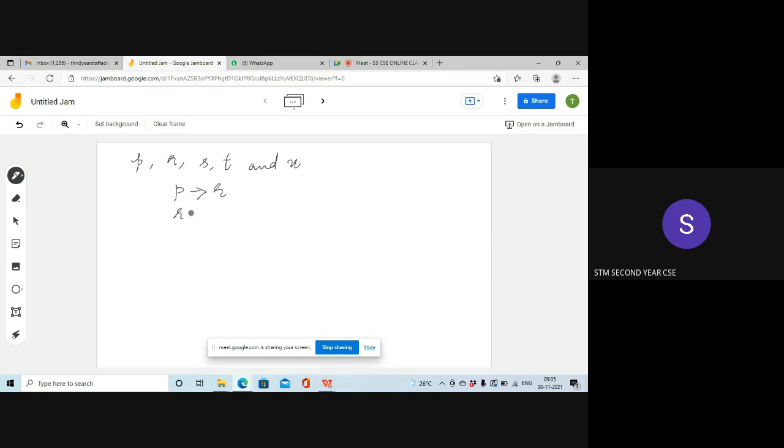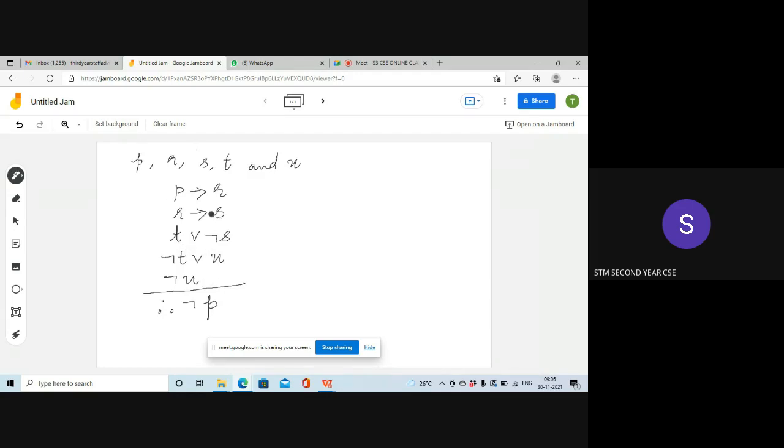Then R implies S, the second argument. Then T or not S, the third argument. Not T or U is the fourth argument. And not U is the fifth argument. And the conclusion is, therefore, not P. So this is in tabular form.